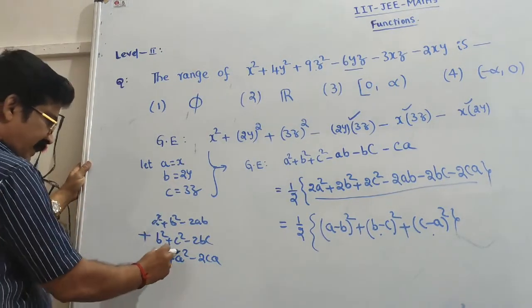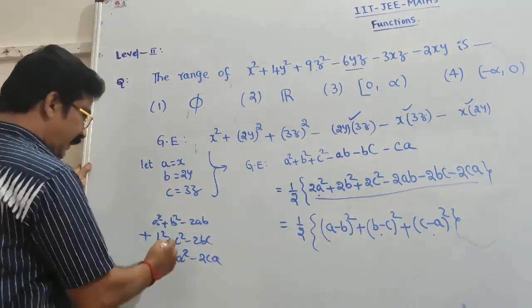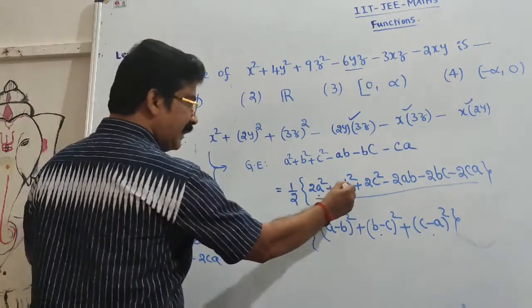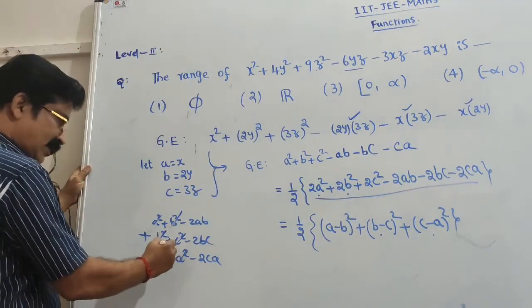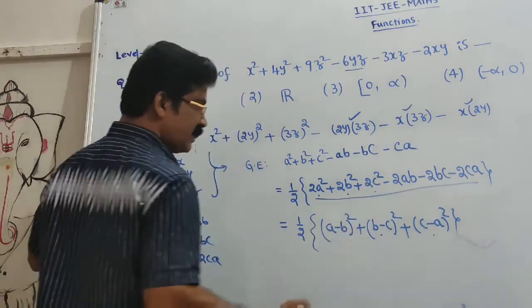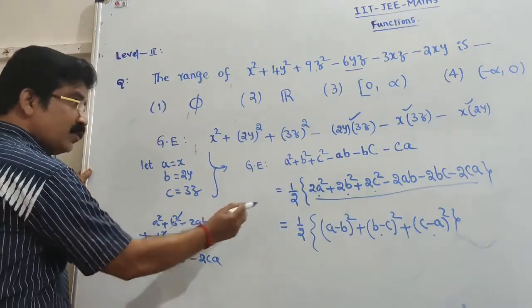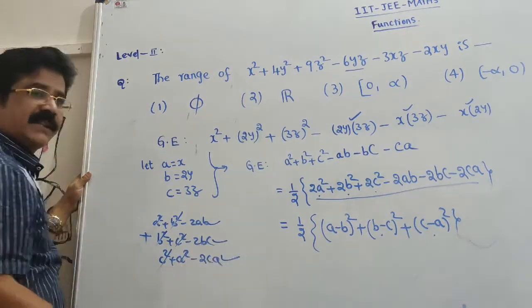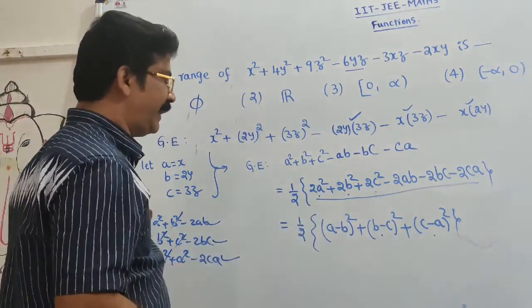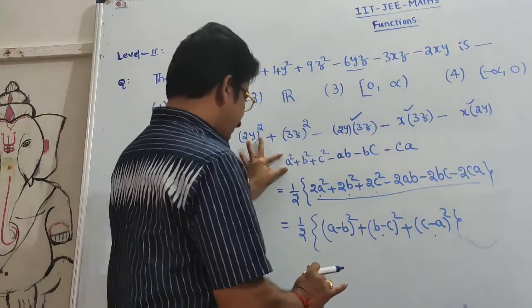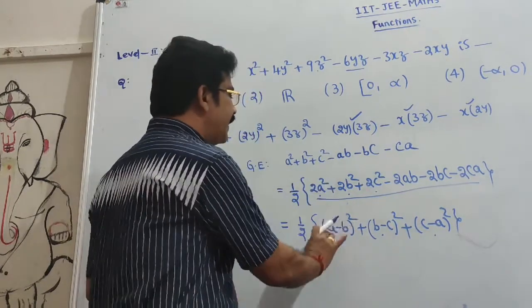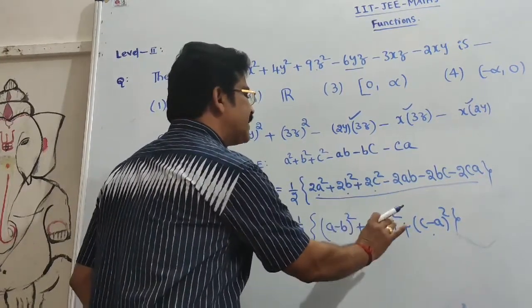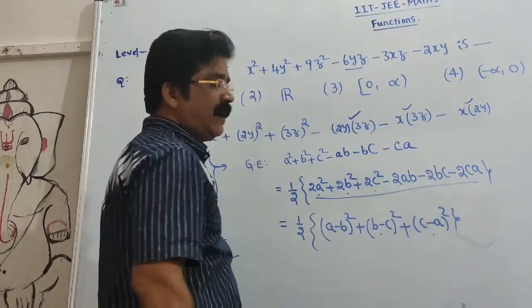So a square plus a square, 2a square. b square plus b square, 2b square. c square plus c square, 2c square. Next, minus 2ab is there, minus 2bc is there, minus 2ca is there. So therefore verified. So this can be written as half into a minus b whole square plus b minus c whole square plus c minus a whole square.